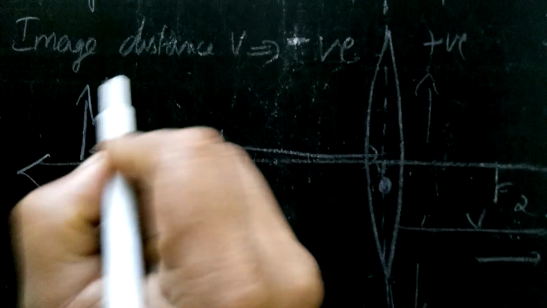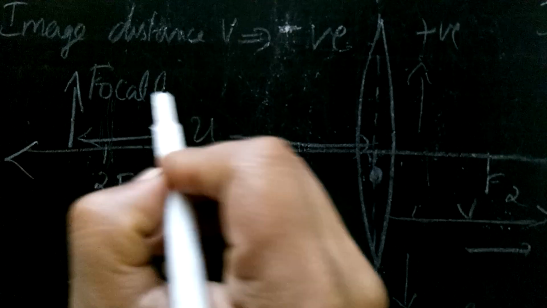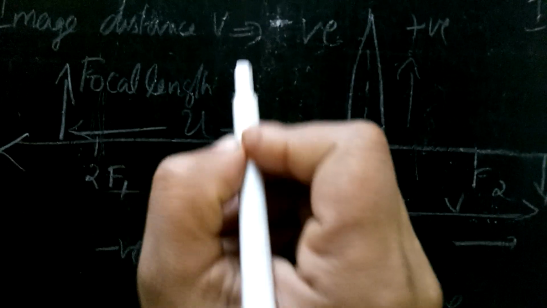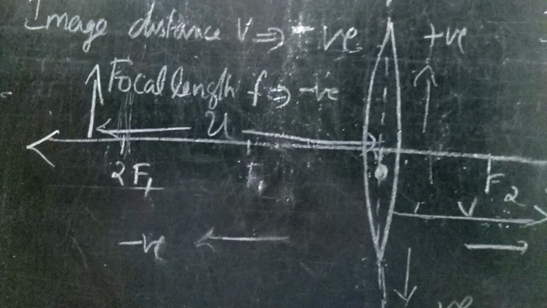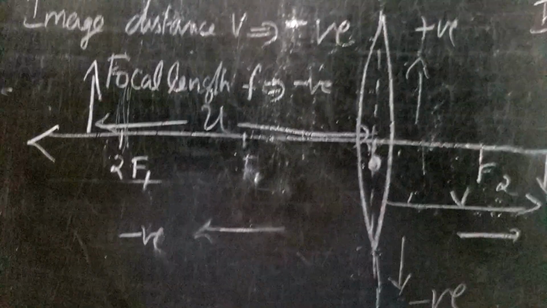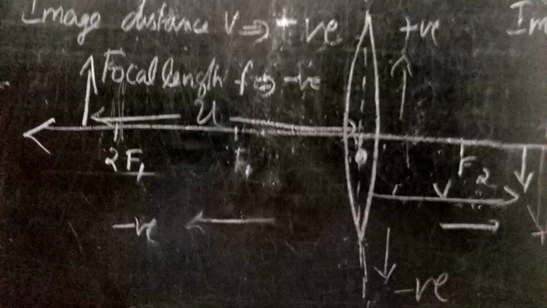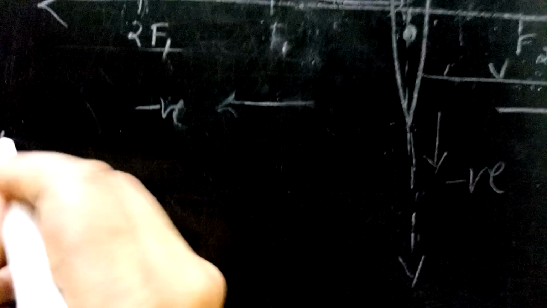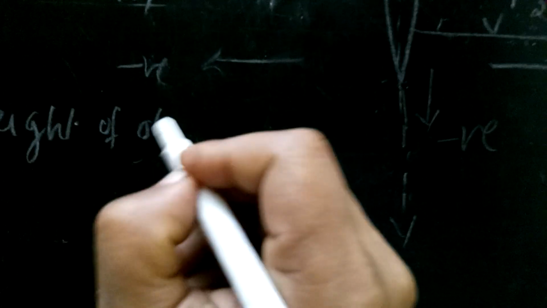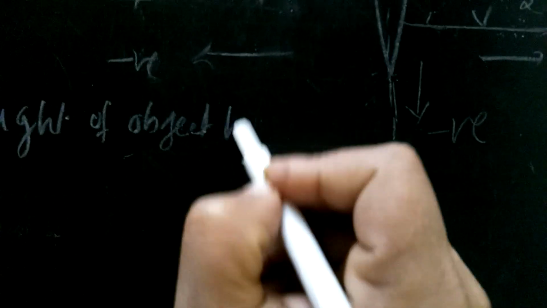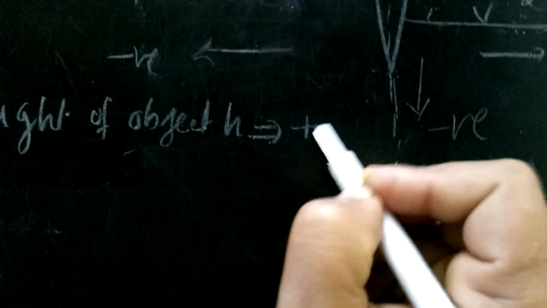Then focal length f is negative, as the rays appear to diverge from the focus on the same side. So the focal length is negative. Then height of the object h is positive.